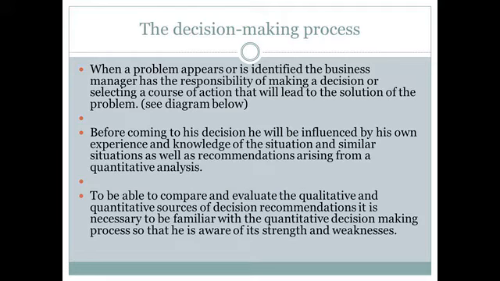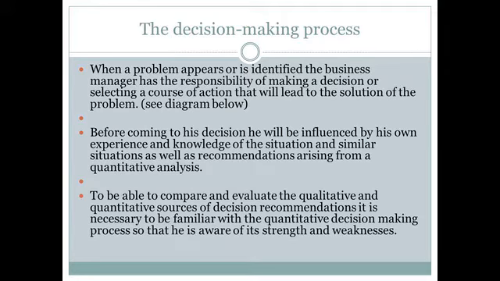Now the second thing comes: if we have a problem, what to do? Before coming to his decision, he will be influenced by his own experience and knowledge of the situation and similar situations, as well as recommendations arising from quantitative analysis. I will show you more in the upcoming diagrams.